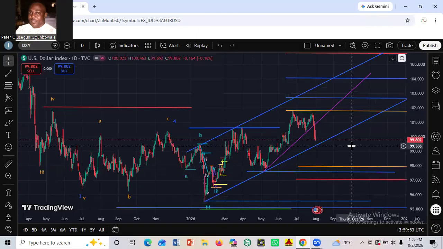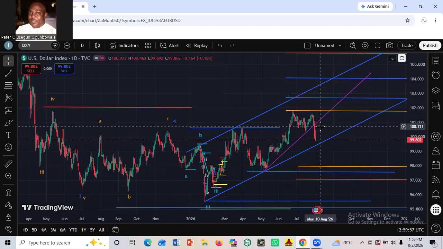Early in the week, maybe this evening, if they want to continue to the upside, you should expect an aggressive buy. The price is going to go up aggressively within the first 24 hours or 48 hours, aggressively to give us an impulse.